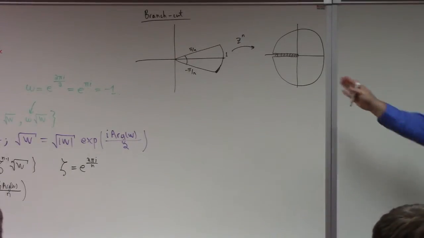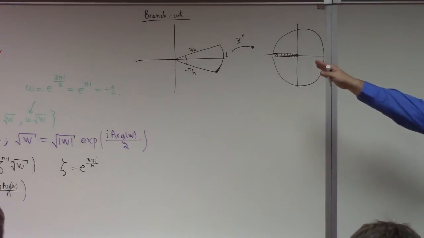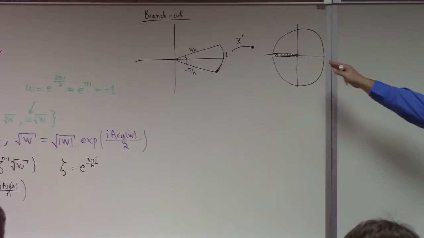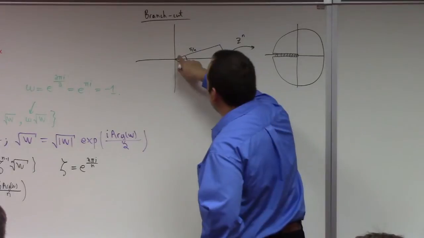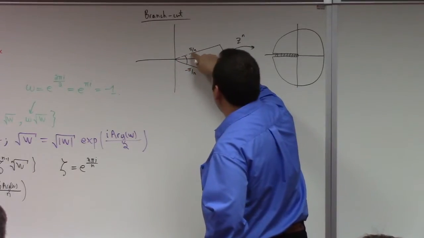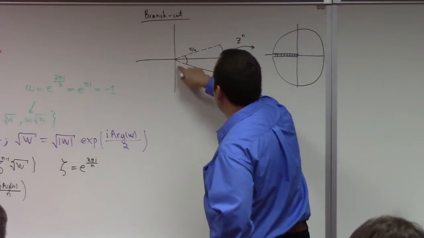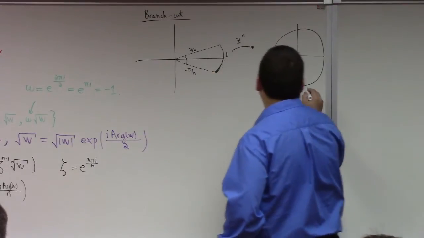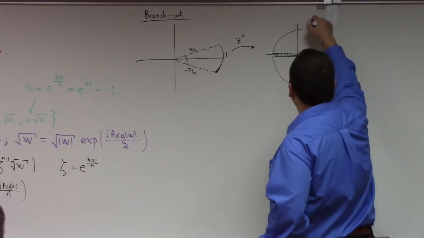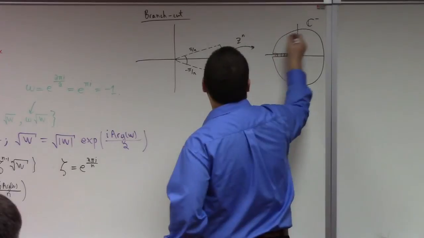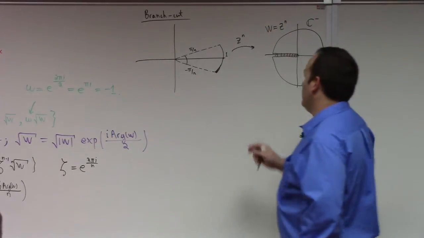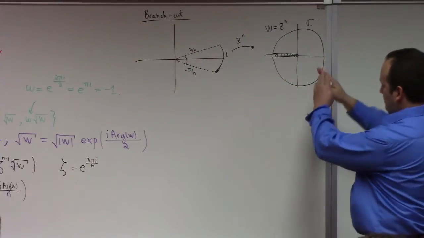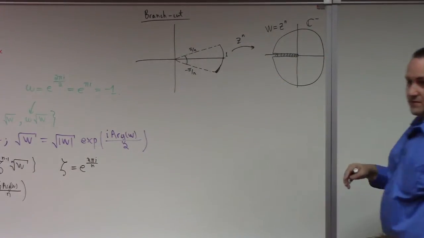So with respect to that domain, that little pie-shaped wedge, assuming I don't include the edges, I cover the slit complex plane, C minus the slit. We usually think about this as W equal to Z to the n. So I take this wedge, and then it blows up to the whole circle.